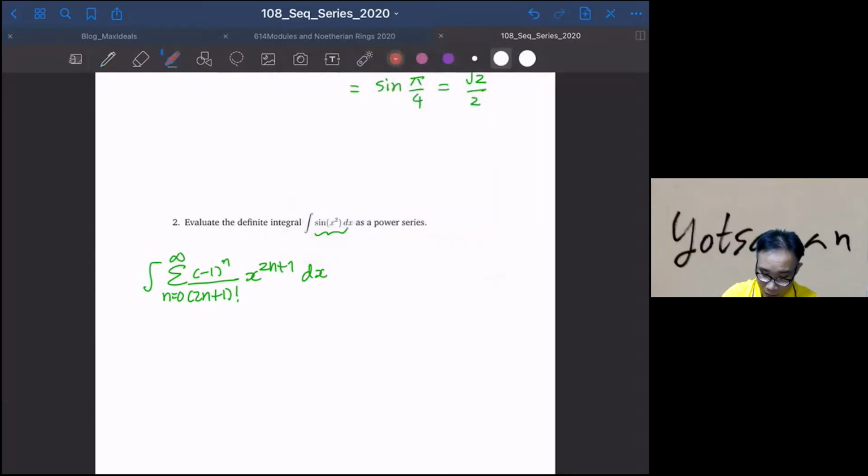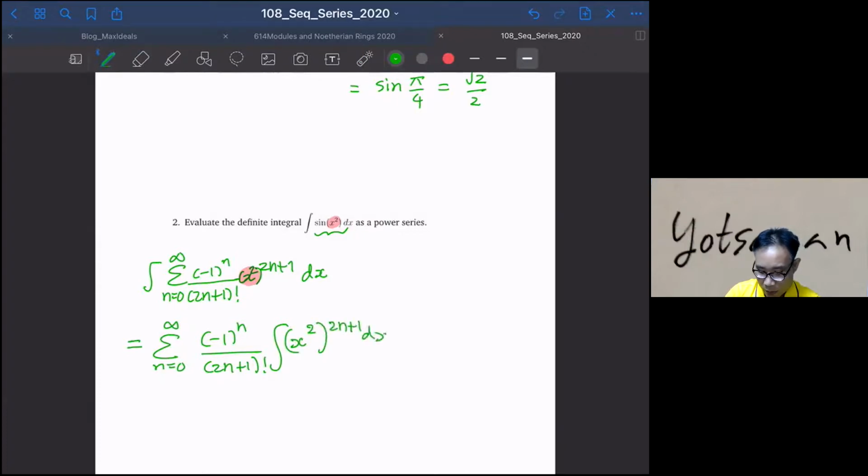So this must be x squared, like this, and you see that this will allow you to have the series from n equal to 0 to infinity, and you basically integrate just x squared to the 2n plus 1, dx.